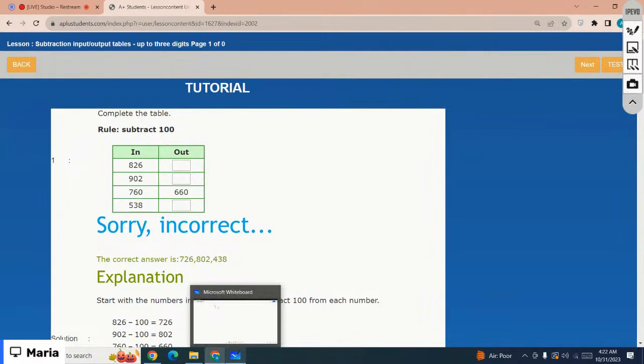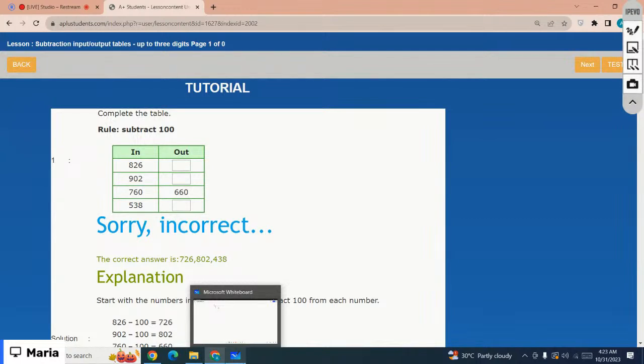Complete the table, subtract 100. So basically that means you have to subtract 100 from each input value to calculate the output value, right? You have to do 826 minus 100. So the output in the first one is 726.